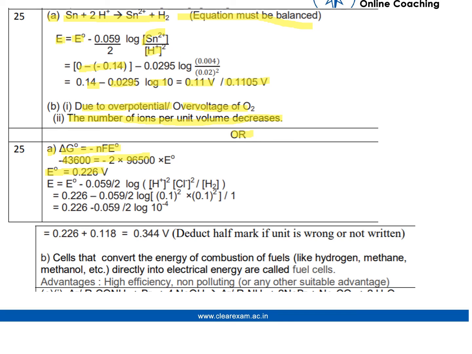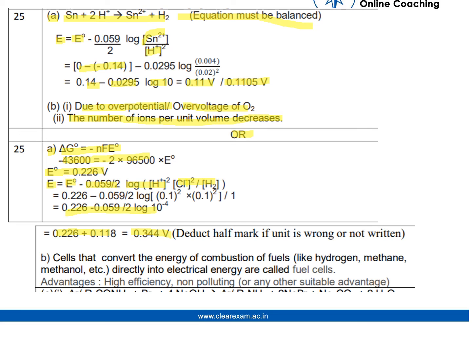When we put it in the formula, E is equal to E° minus 0.059 by 2 log of H+ whole square Cl- whole square by H2, we get the final answer as 0.226 plus 0.118, that is 0.344 volt.